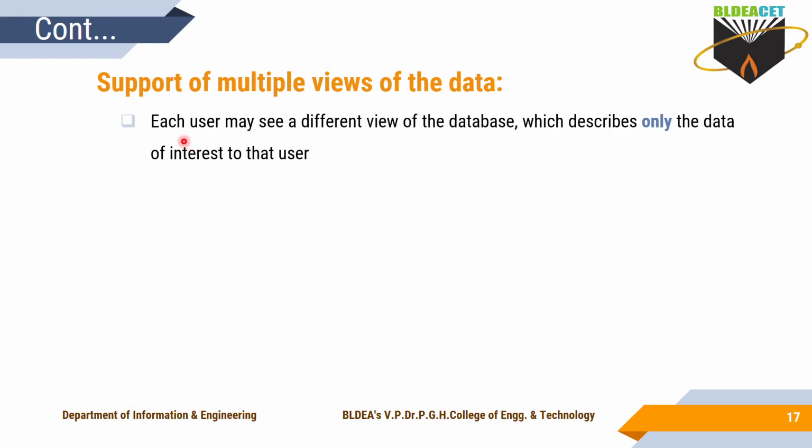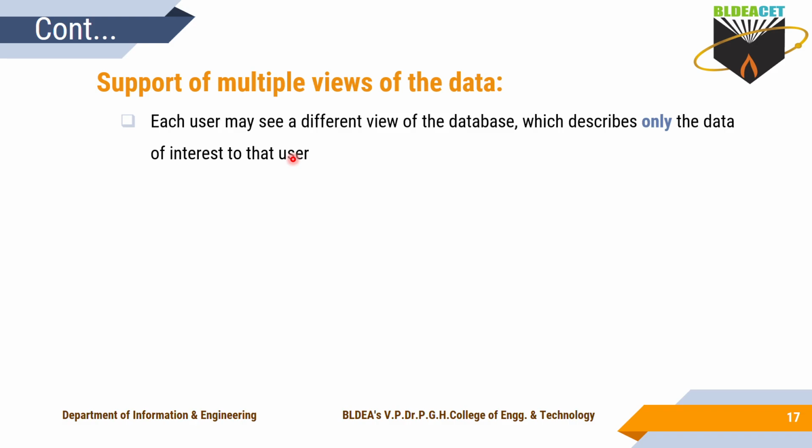Next, one more is support of multiple views of the data. Each user may see a different view of the database, which describes only the data of interest to that user. For example, the student database contains the information about the name of the student, SEM of the student, date of birth, address and USN. But I am the student, I want to view only the student name and USN.